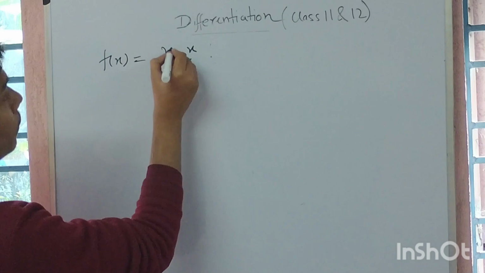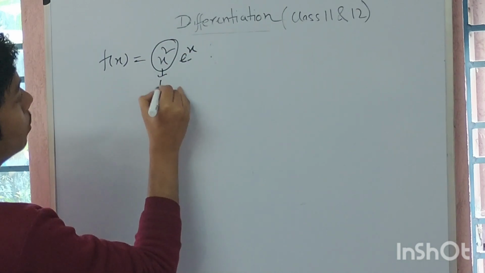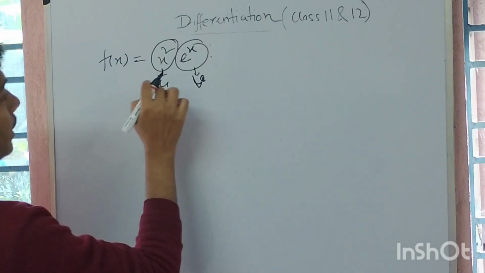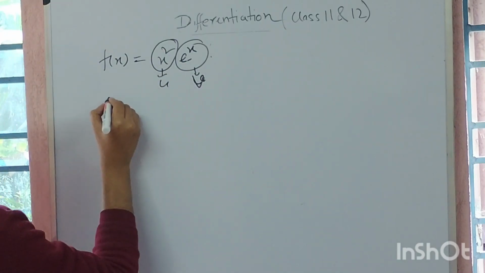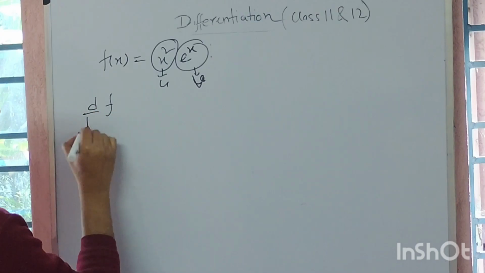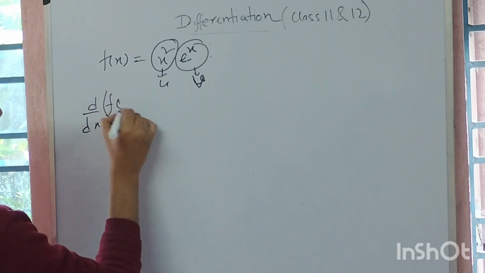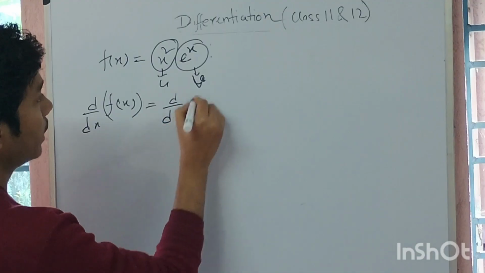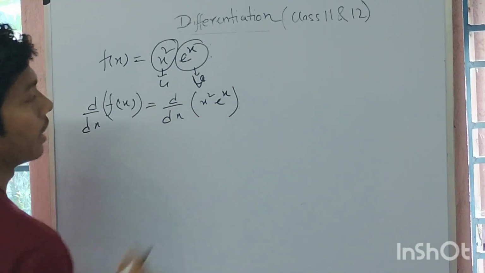You will do it by the UV method. Take x squared as u and e to the power x as v. Then f dash x means d/dx of f(x), which means d/dx of x squared e to the power x.